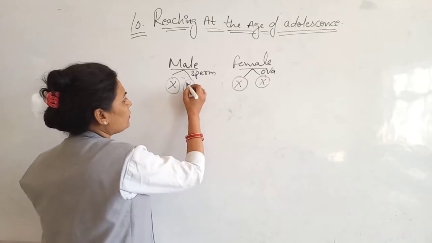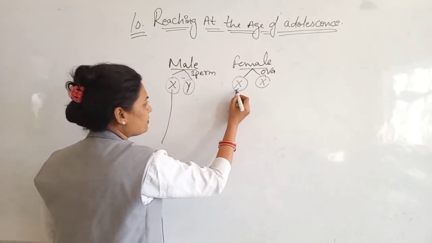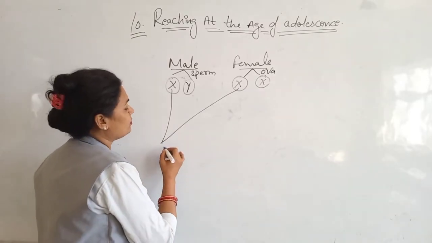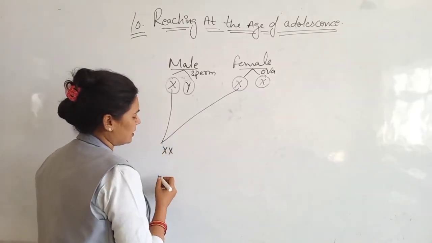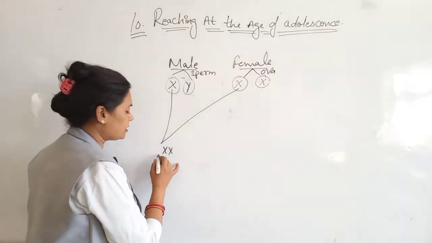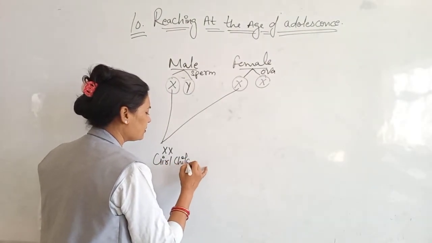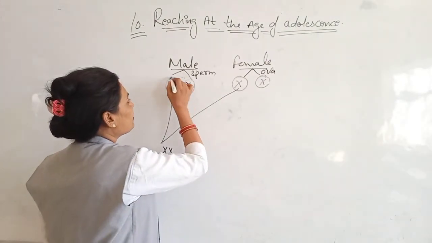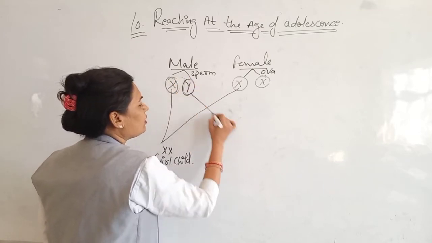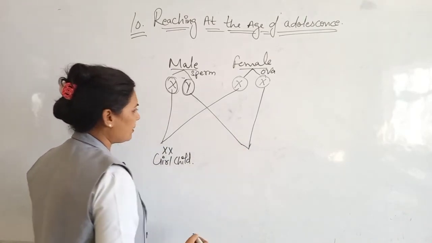Okay. So, if the X chromosome fertilizes the X chromosome of the female, then it will form X and X, and that is a female or the girl child. So, this is the girl child. If the other chromosome, that is the Y chromosome, fuses with the X chromosome, then what happens?